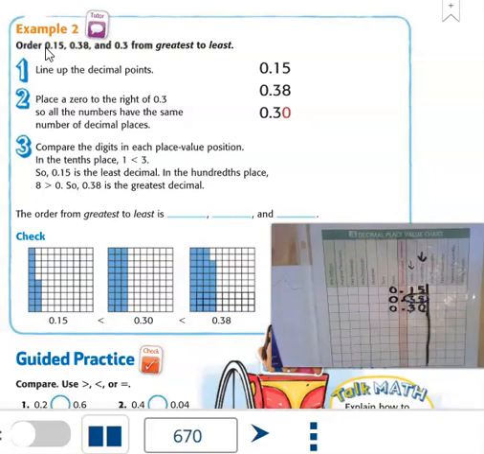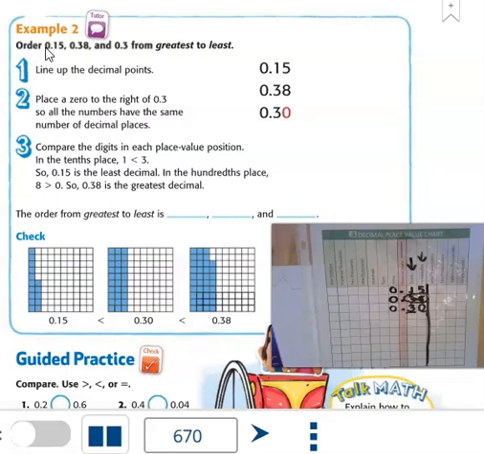So in writing them in order, my greatest is going to be 38 hundredths. And when that one is out, what is the next greatest? Well, I'm going to go back to my tenths place, and I'm comparing 1 and 3, and obviously 3/10 is greater than 1/10, so my middle number here is going to be 3/10, and I don't need to add that 0 this time, but I can.